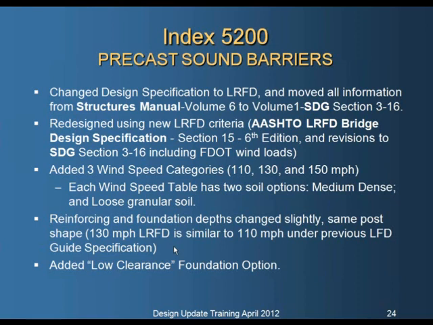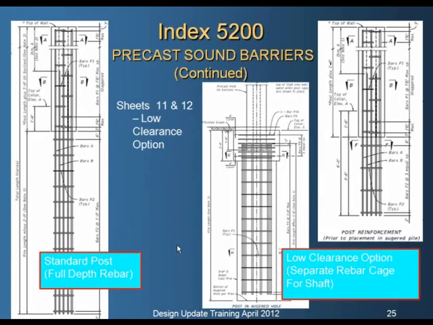We've also added a low clearance foundation option. This is where we have overhead utilities and we need to reduce the height of the post during the installation. Our current design for the standard post is the full post height and then the full auger cast pile depth with the reinforcing penetrating down in the foundation, so you can get significantly high lengths of post there, like 50 feet plus.